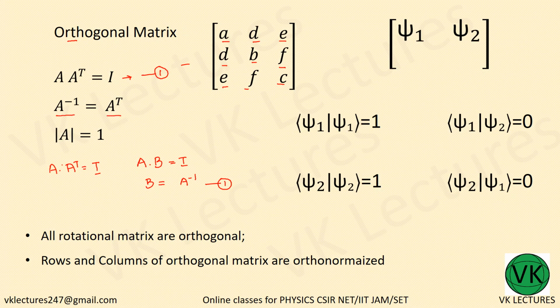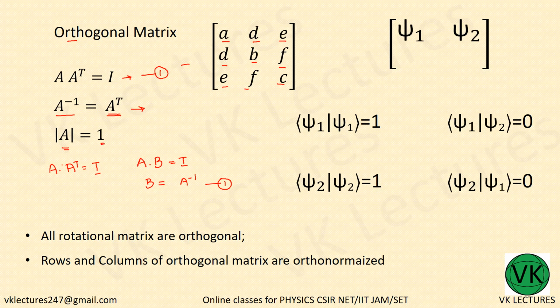So for an orthogonal matrix, the inverse of the matrix is nothing but the transpose of the matrix. If you are asked to find the inverse of an orthogonal matrix, you just have to take the transpose of the matrix. Now for an orthogonal matrix, the determinant will be equal to 1.